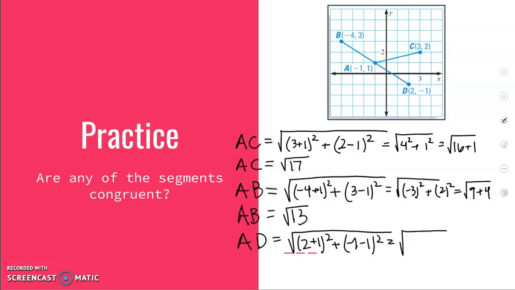As we simplify, we get 3 squared plus negative 2 squared, which gives us 9 plus 4. So AD has a length of the square root of 13.